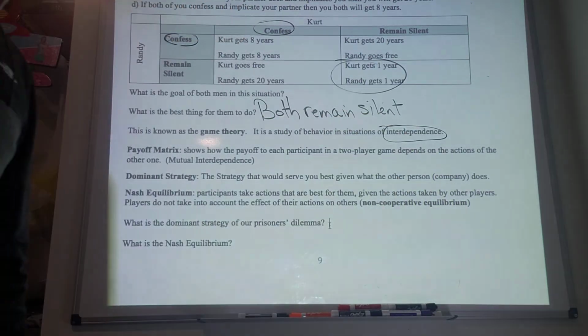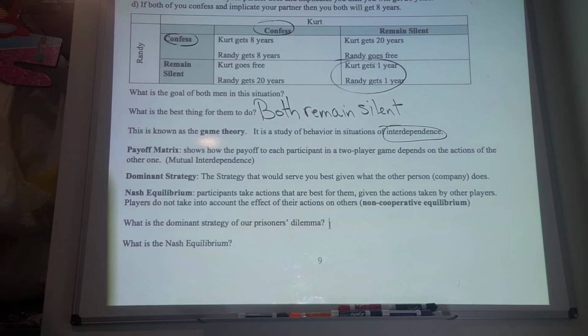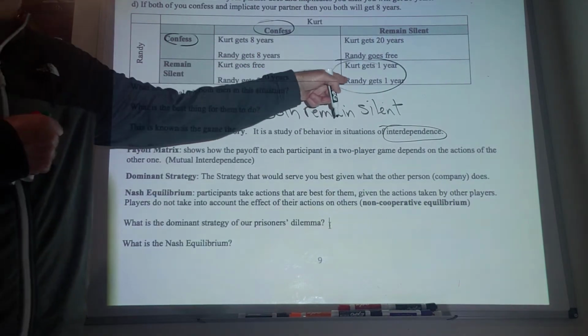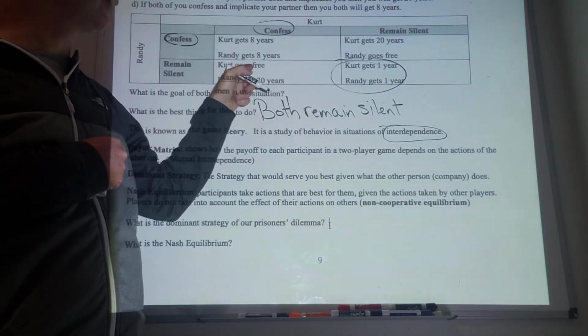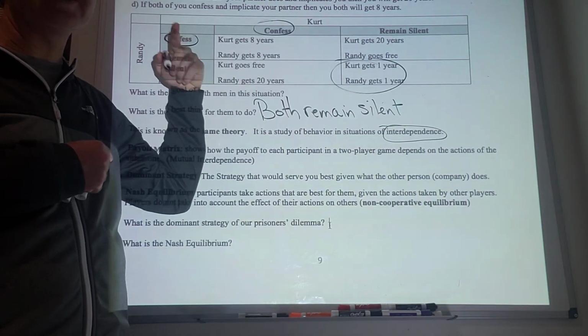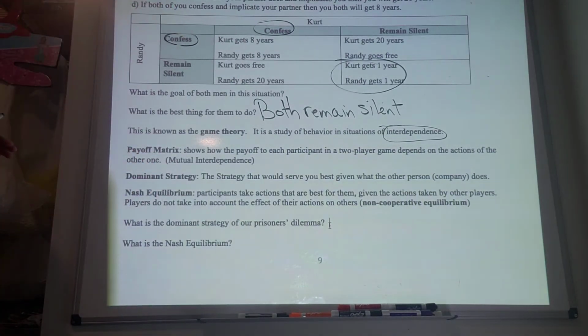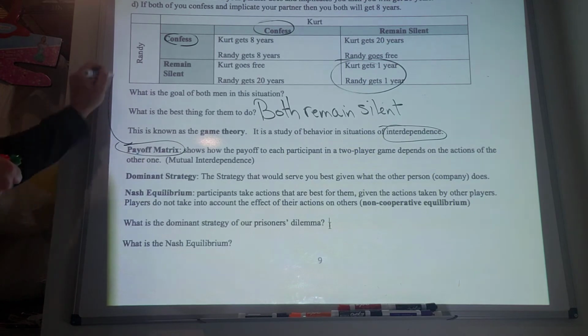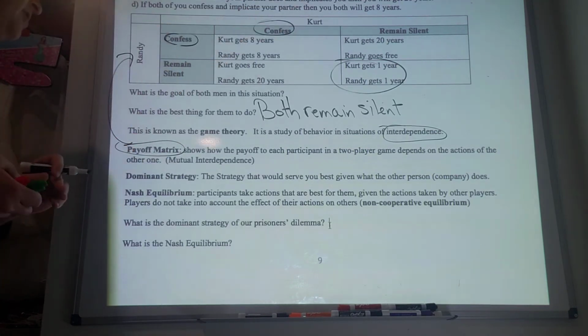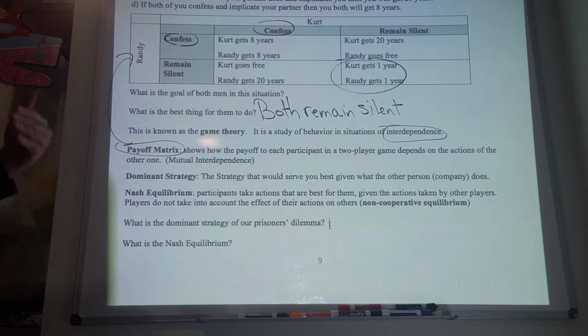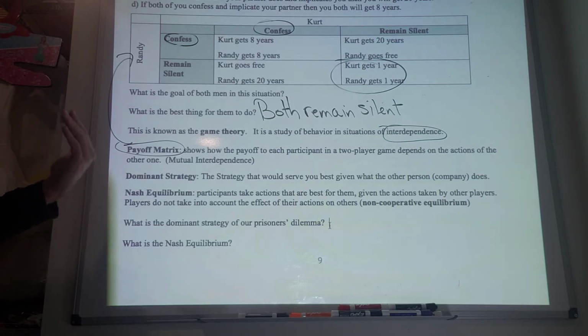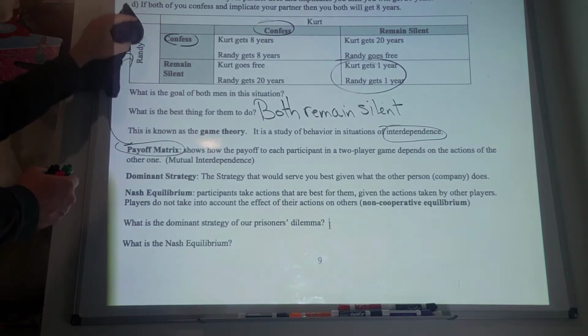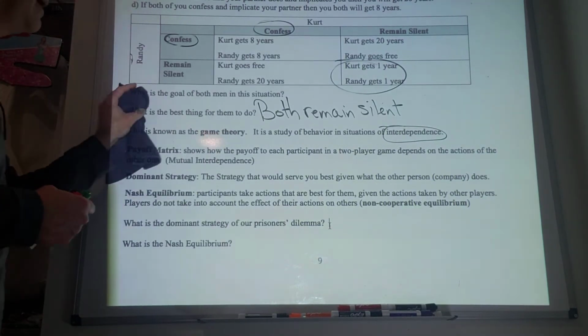We said mutual interdependence before, but my best option is to remain silent to hopefully get 1 year or go free, but if the other guy confesses, as we'll see, we want to confess. This whole big thing is called the payoff matrix. It shows how the payoff of each participant in a two-player game depends on the actions of others. Mutual interdependence.